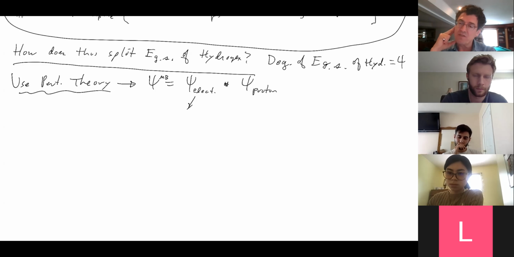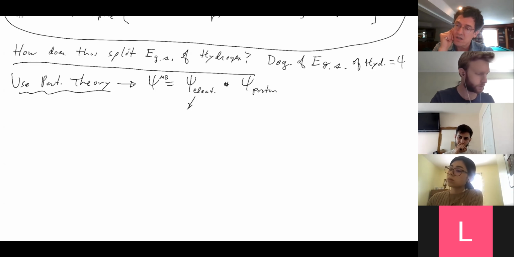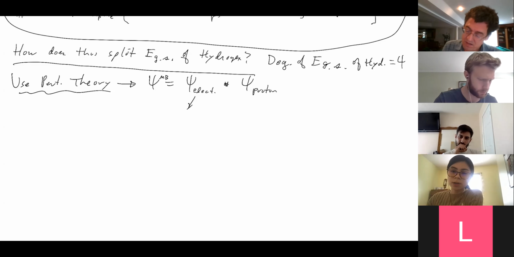But now I'm asking, what is the ground state wave function of an electron in a hydrogen atom? Just the one electron. Forget about the proton. It has the radial and the angular part. Yeah, good. That's exactly right. So we'll write it like this.